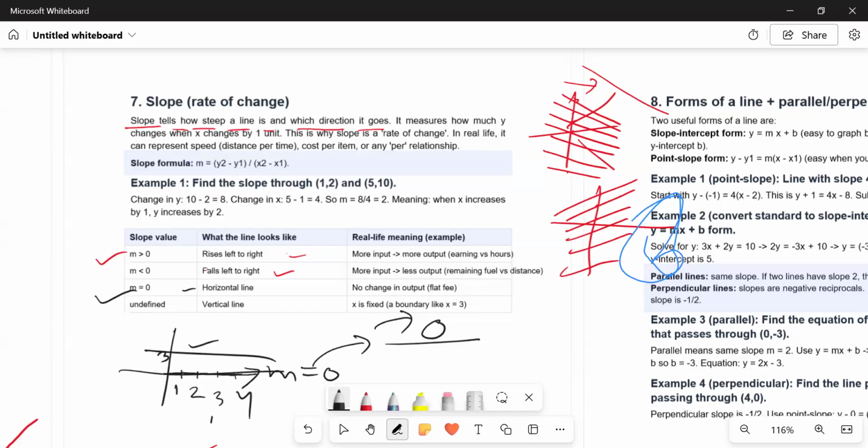But in this case, where there are many different values of y, but the value of x is continuously the same, here it's only 3, then the denominator is 0 and you will get an undefined answer. So this is how we see it.